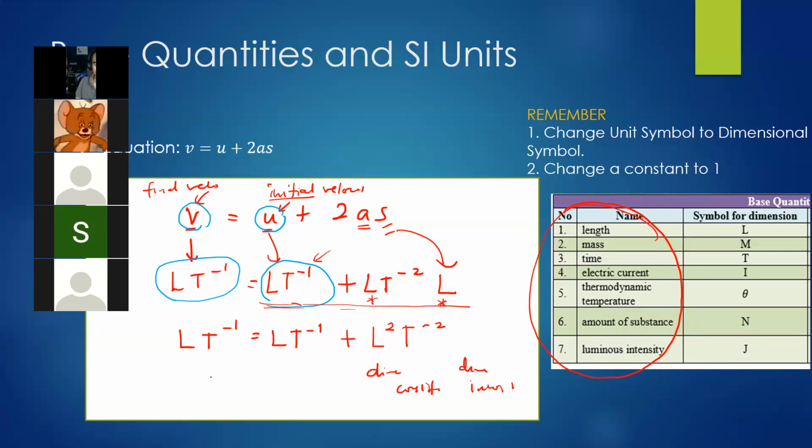Okay, actually you are wrong. The first term over here is correct because it equals the dimension of the equation title. But the second term is wrong. You can see this is L squared and this is T to the power of negative 2. So it is not the same as the dimension of the equation title.